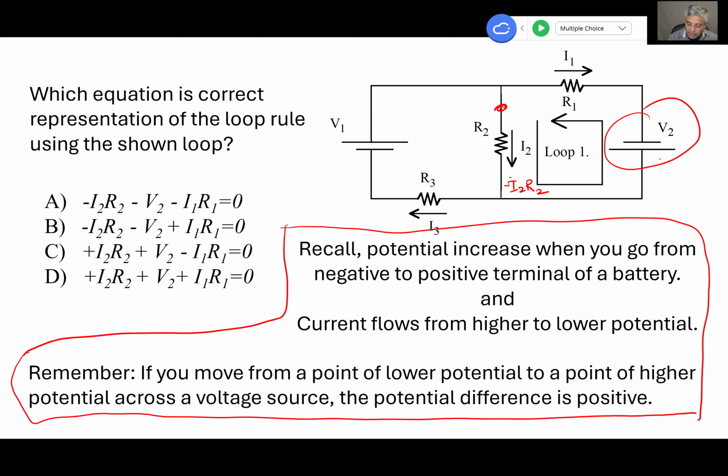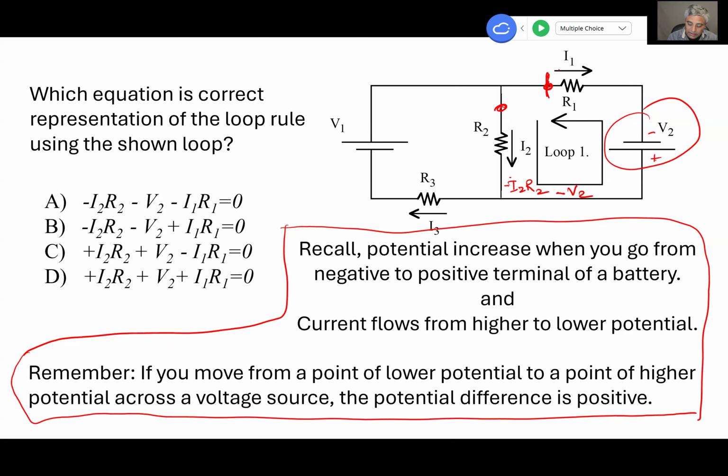Now we are arriving here. It is higher. Positive is higher than that. So we are going from higher to lower. So the difference is negative again. And then over here, we are going opposite of current flow. So we are going towards the higher, because current always flows from high to low.